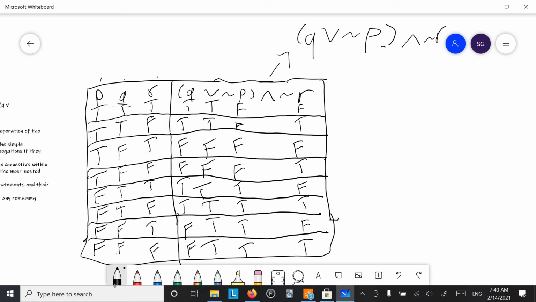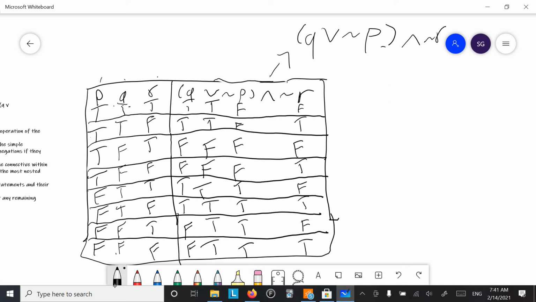So we have to figure that out. And we can do this pretty easily. So remember, conjunction, it's and. So that means both of them have to be true for the conjunction to be true.